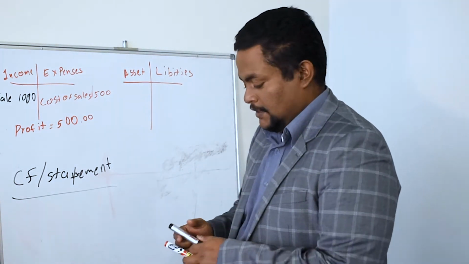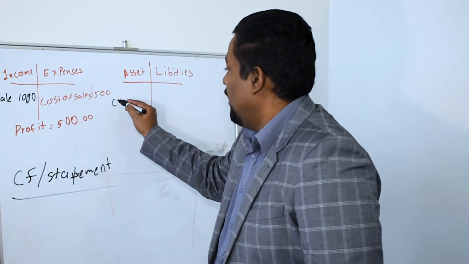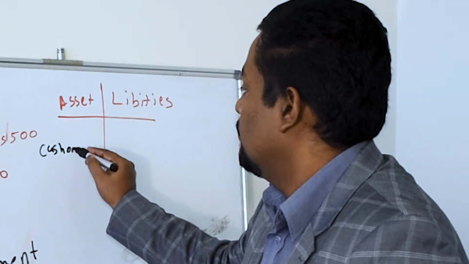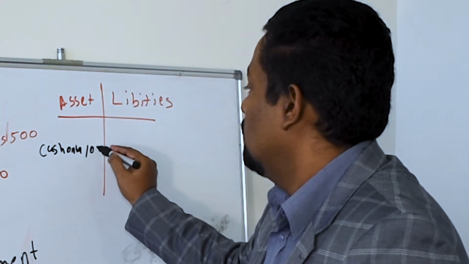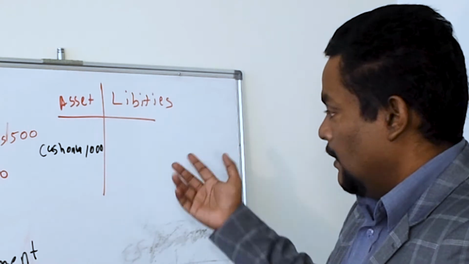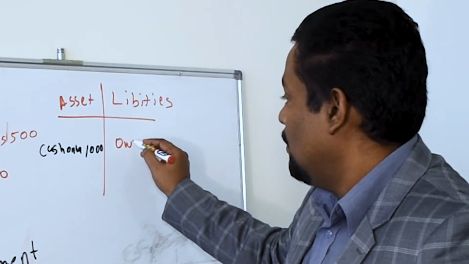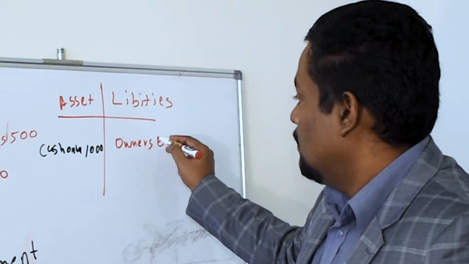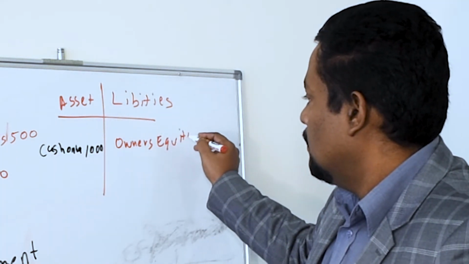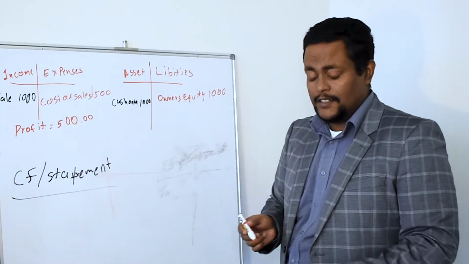And then his asset column: cash on hand 1,000, and on the other hand, on the liabilities side, owner's equity $1,000. So the balance sheet always balances, right?